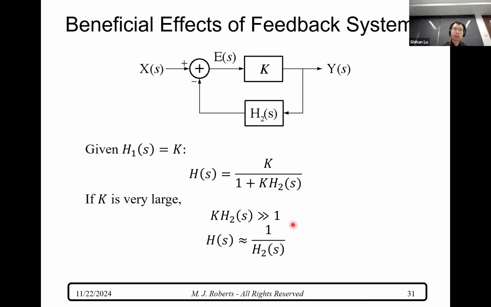So in the denominator, if k is extremely large, for some S you can approximate the denominator as just k times H2 of S. So the overall transfer function of the system becomes H of S approximately equal to 1 over H2 of S, right?